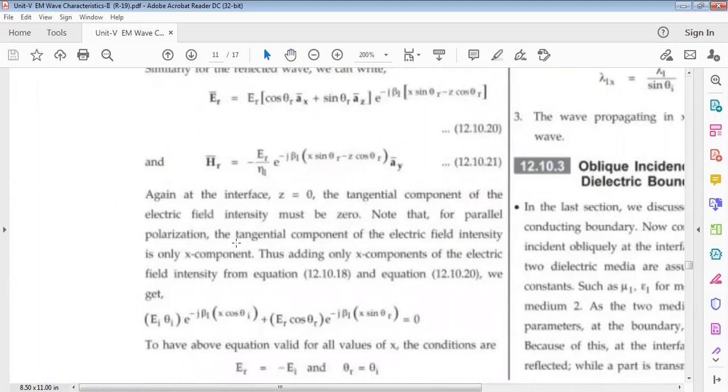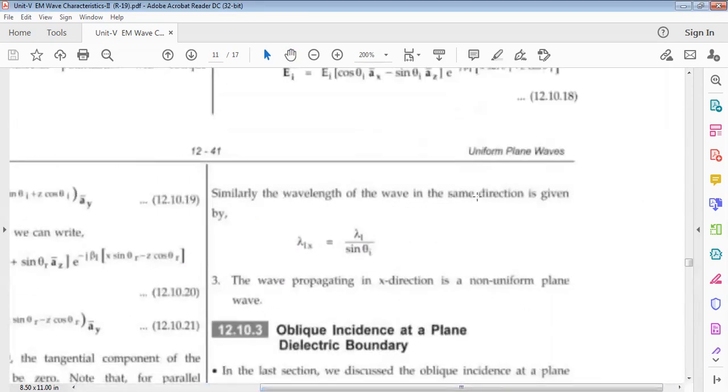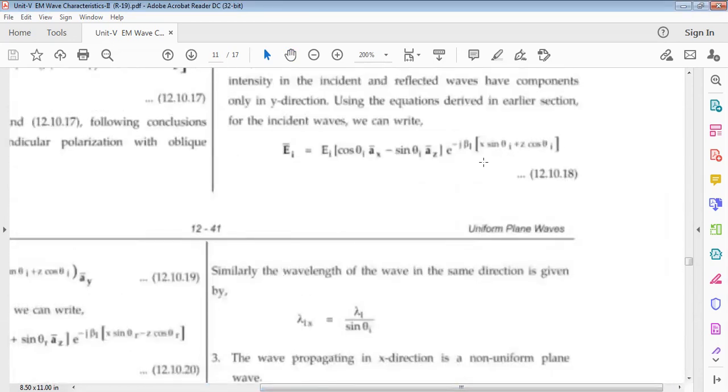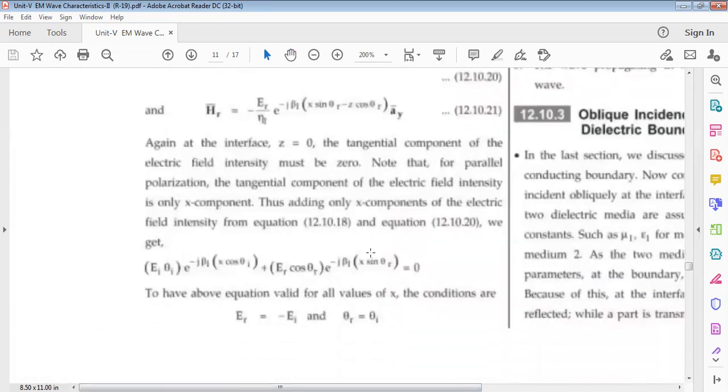Note that for a parallel polarization, the tangential component of electric field intensity is only the x component, thus adding only the x components of electric field intensity in equation 18 here. Only the x components you can add: E_i into cos theta into a_x bar, e power minus j beta 1 x into cos theta. Eliminate the z components.